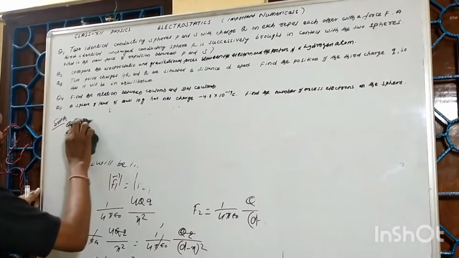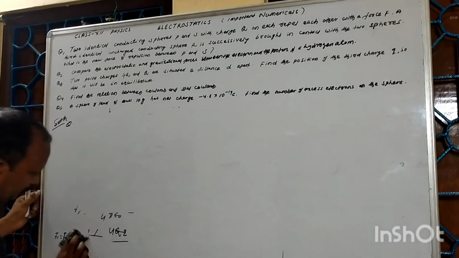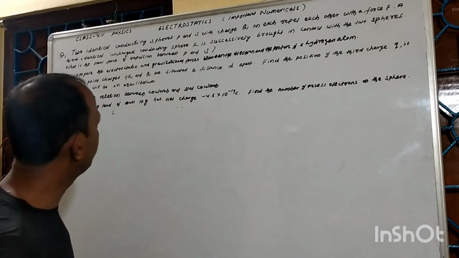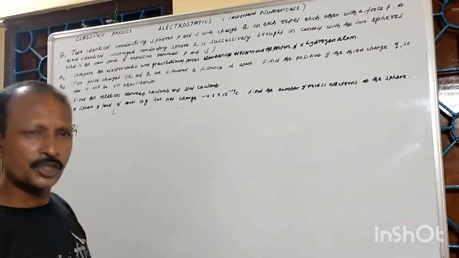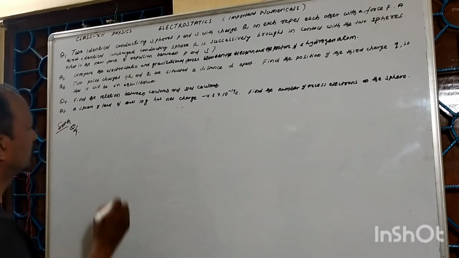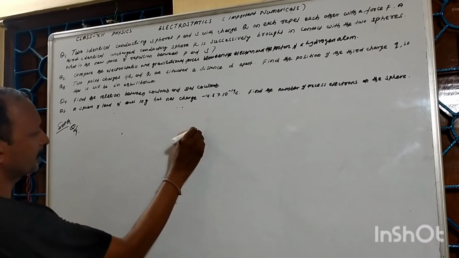Question number 4. Find the relation between Coulomb and statcoulomb. Suppose 2 point charges are there.